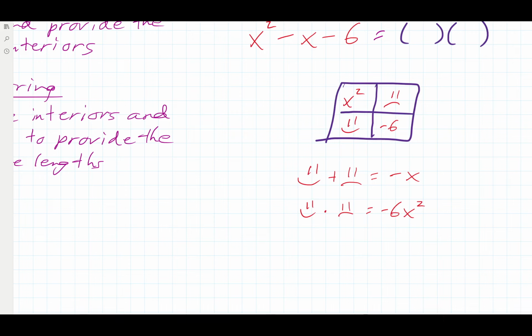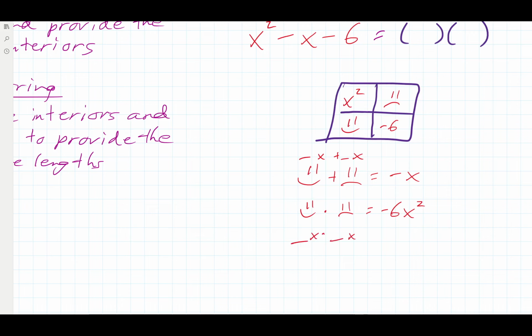And at this point, there's a little bit of guessing and checking going on. So I know that if I'm going to add up to negative x, it's going to end up being something x plus something x, because that's how collecting like terms works. And that works out here because I'm going to have to do x times x to get to x squared.